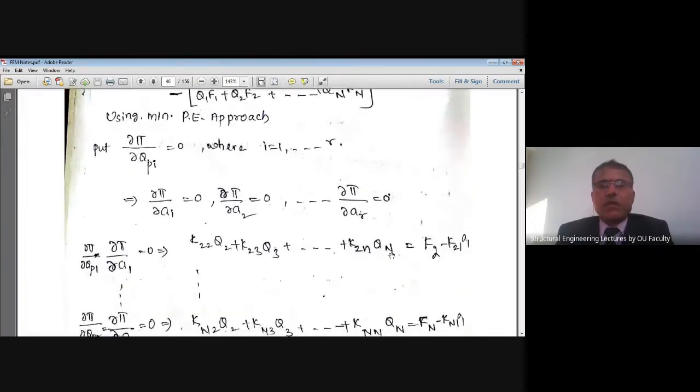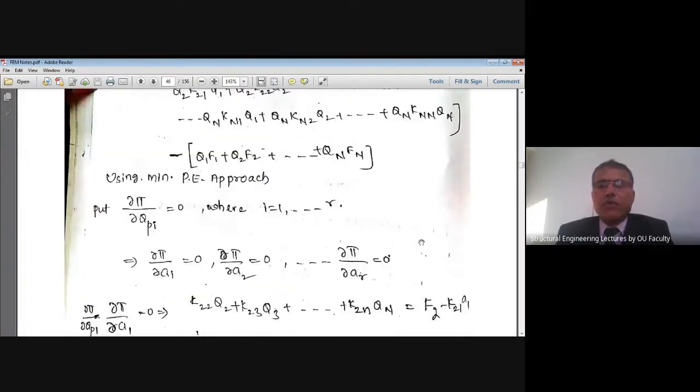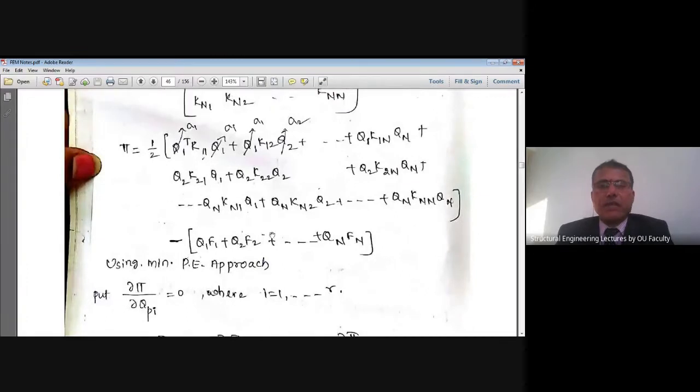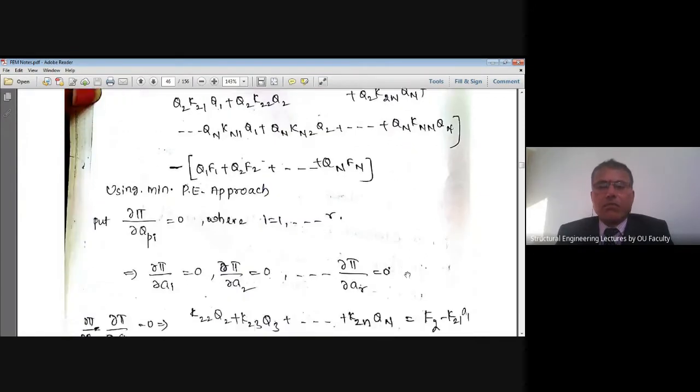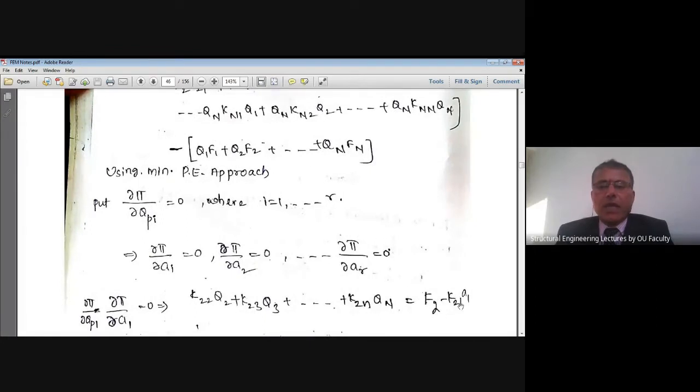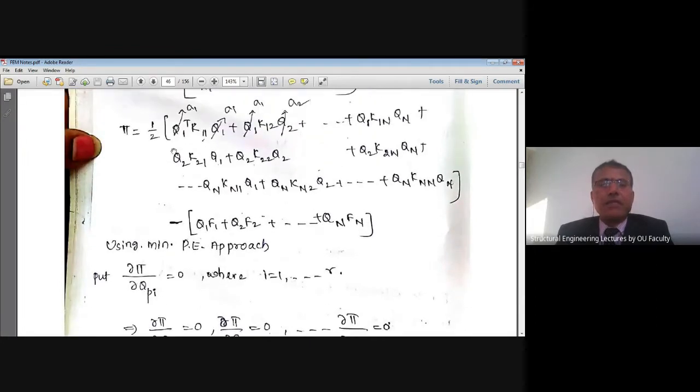Then the equation is equal to F2 on the right hand side, minus K21 with A1, because I'm differentiating with respect to Q_P1. Q_P1 is nothing but Q1, which is now A1.